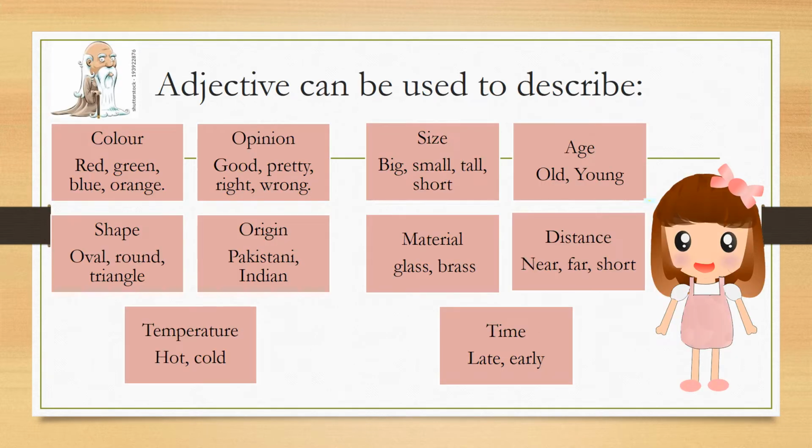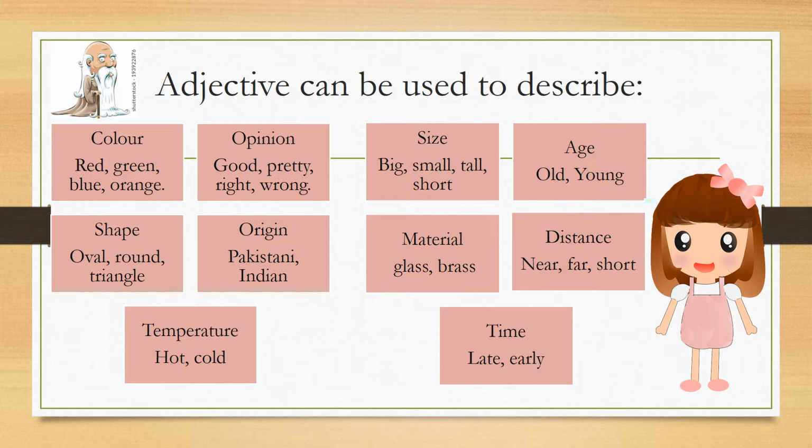Second slide, it can be used to describe color, any color like red, green, orange, blue. Opinion, either a person or thing is good, bad. Size, either a person or thing is big in size, small in size. And age, either a person is an old age person or young.